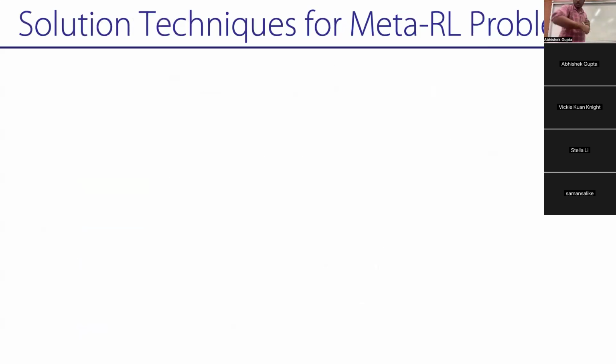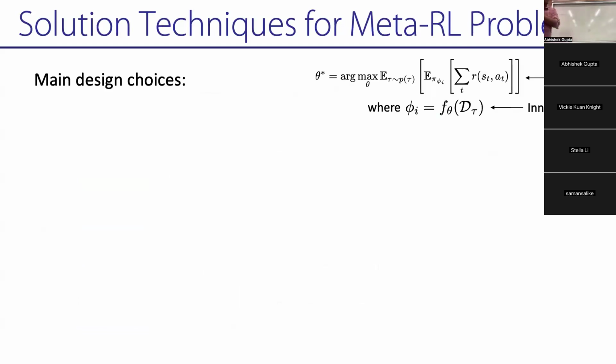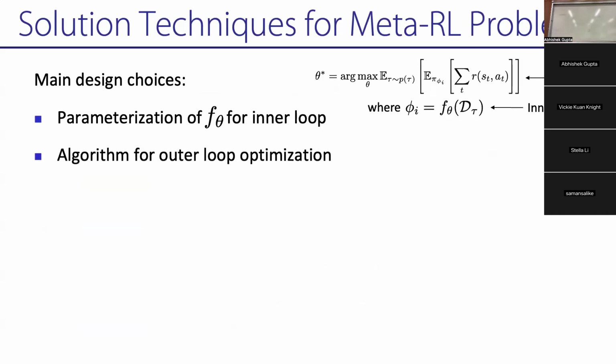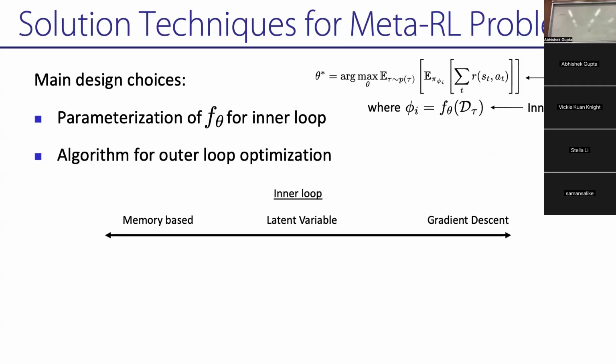Okay, so there are lots of different solution techniques. There are different choices of the inner loop and the outer loop. The form of f theta and the different types of algorithms will lead to different meta-RL methods. If you instantiate f theta as an RNN or a transformer or something memory-based, you get a class of methods called RL square, or in-context learning, as you'll often hear.